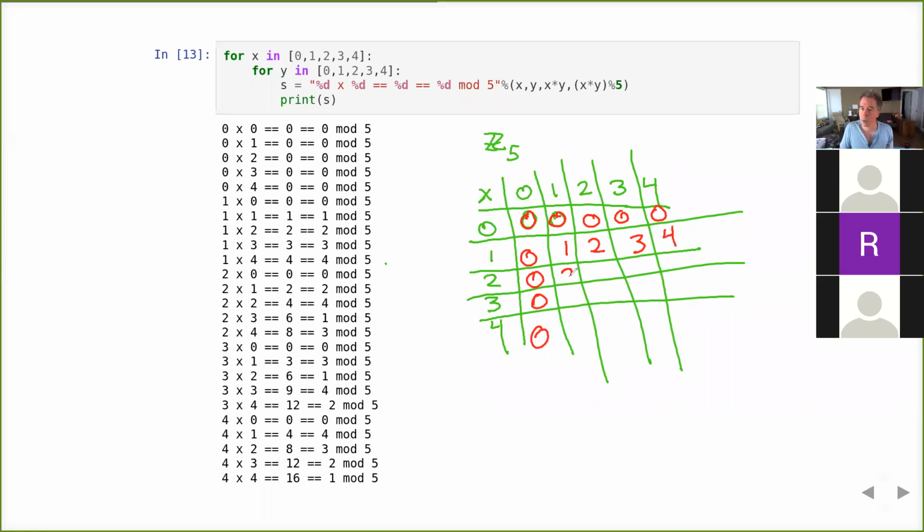And now you do 2, 4. 2 times 3 is 6, which rolls over and becomes 1. 2 times 4 is 8, which rolls over and becomes 3. 3 times 1 is 3. 3 times 2 is 1. 3 times 3 is 4. And 3 times 4 is 2. And 4 times 1 is 4, 4 times 2 is 3, 4 times 3 is 2, and 4 times 4 is 1.